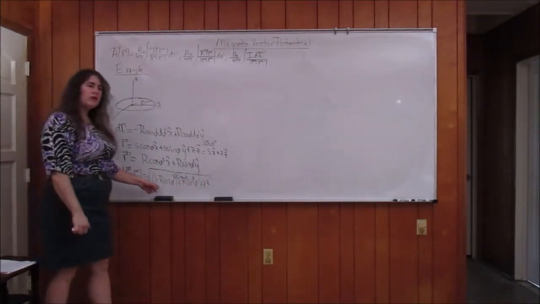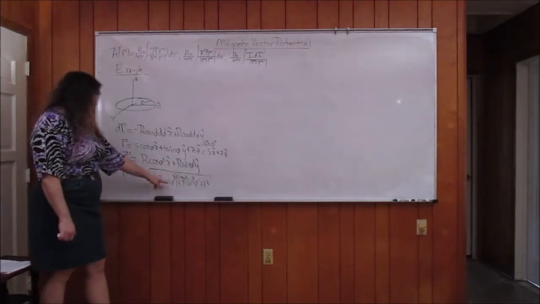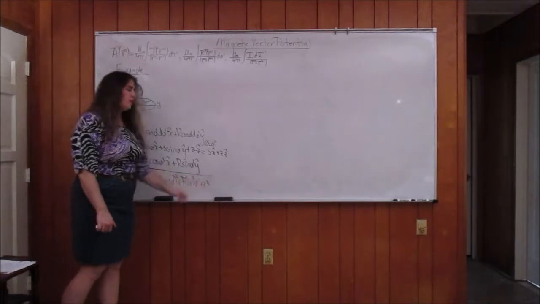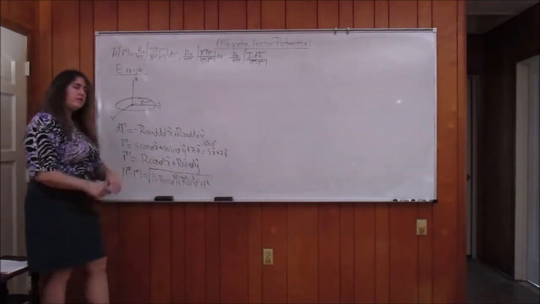This is the square root of the sum of the squares, so we have the square root of (s minus R cosine phi prime) squared plus R squared sine squared phi prime plus z squared. I'm going to multiply this out.